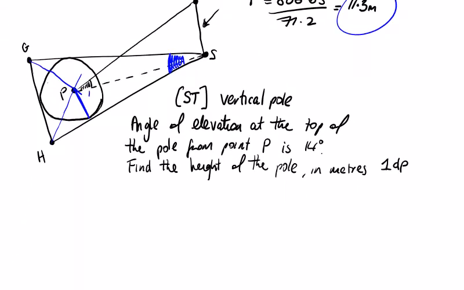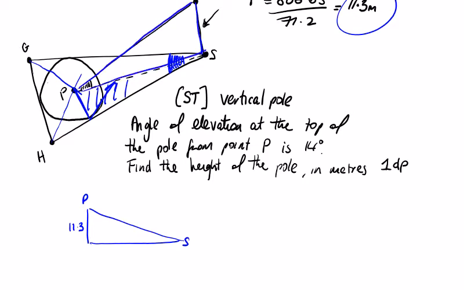So we have in this triangle, let's just draw that triangle and get some information. We have the 11.3. We have this angle here. So opposite the right angle is PS, which will help us then when we're going into this bigger triangle to find ST. So we're dealing with this triangle first, and this angle in here is half of 30.75, which is 15.375.